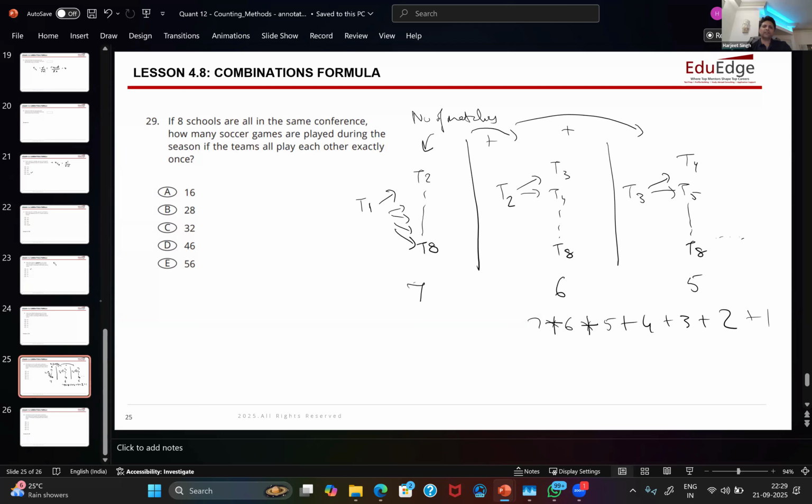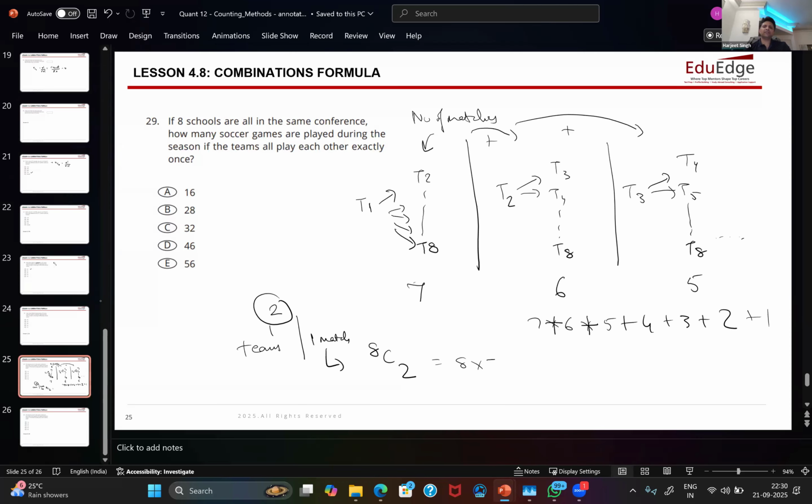This is one way of doing it. The other way is that you need 2 teams to play a match. Two teams to play one match. And hence a shortcut will be to do 8C2. So out of 8 schools or 8 teams, how many ways can you select 2?